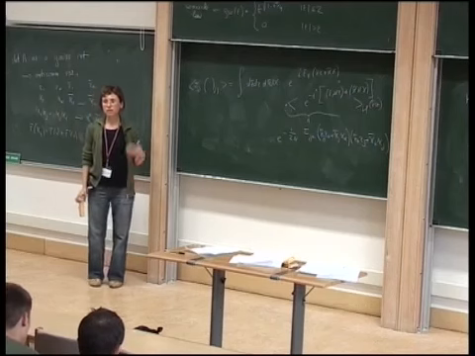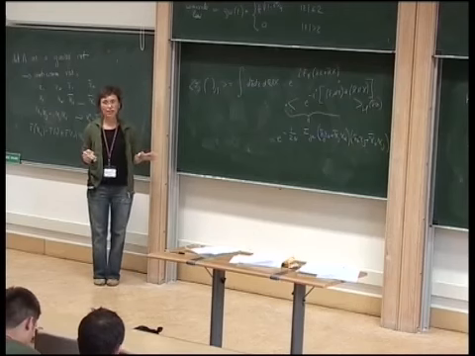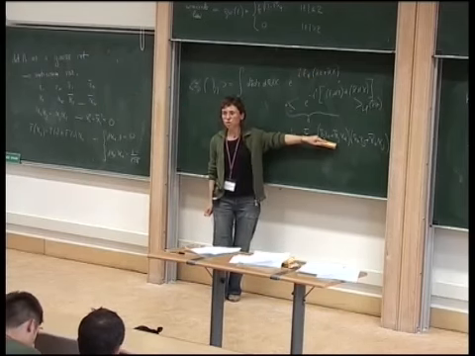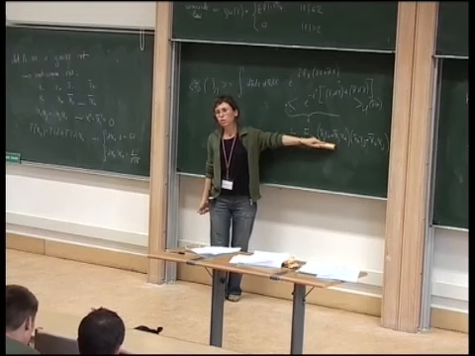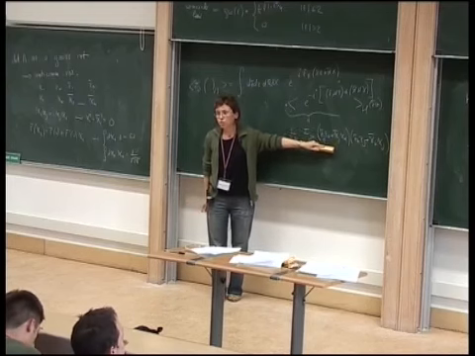We managed to integrate out, this time it's correct, we integrated out the h, but now we have a piece that is Gaussian and a piece that is quartic in the fields. And we would like to go back to a Gaussian integral. So we try to repeat the same trick.